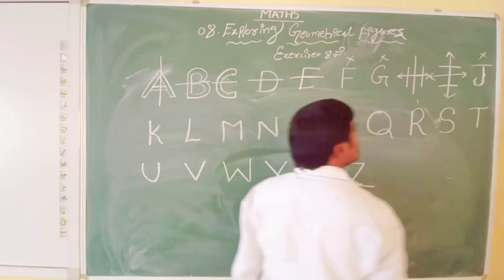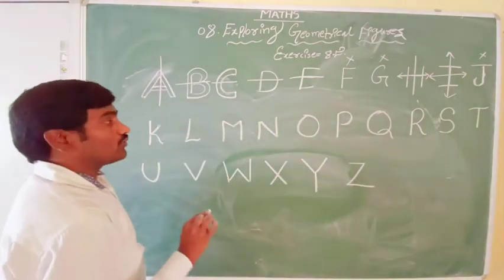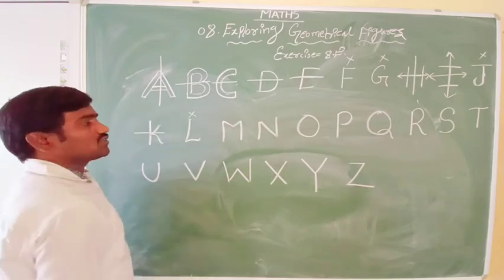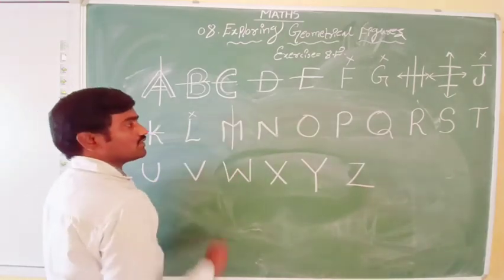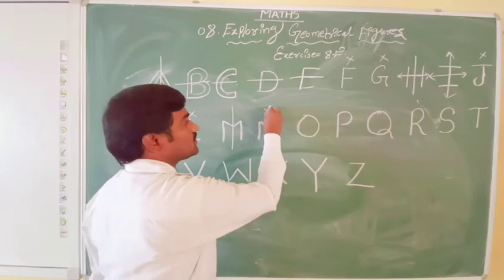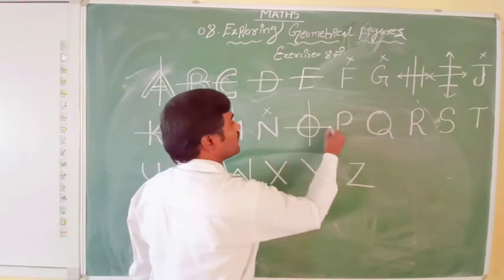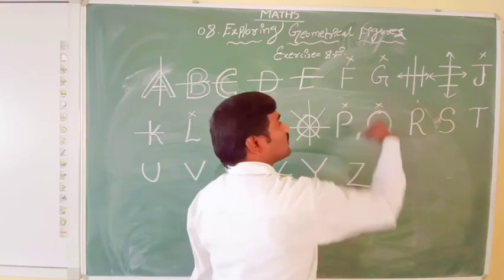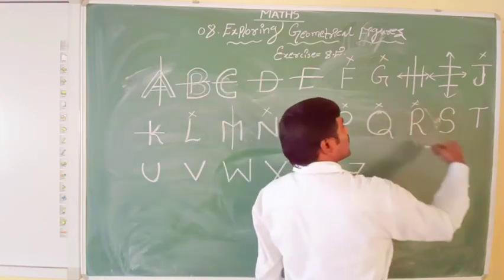J has no axis of symmetry because J cannot be divided into two equal identical parts. K has one axis of symmetry. L has none. M has one axis of symmetry. N has none. O has infinitely many axes of symmetry, and P has none. Q has none. R has none.